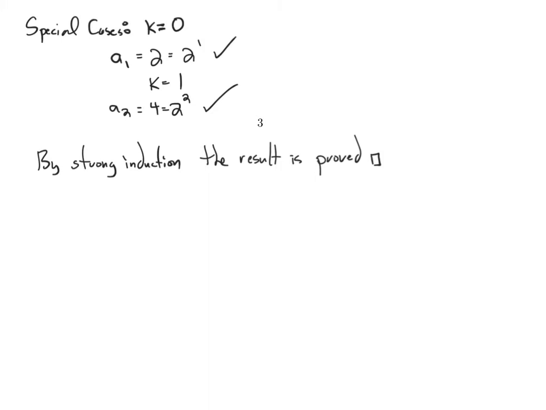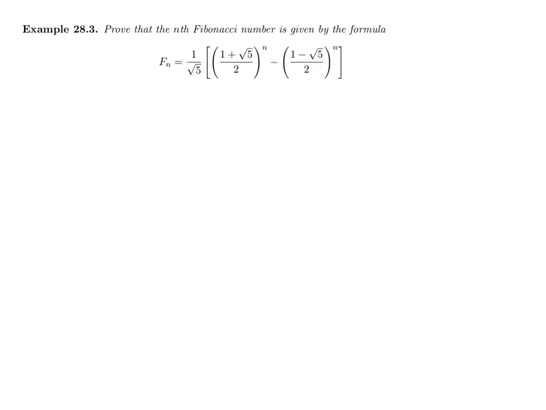Let's look at one more example. This one, on its face, looks a little more difficult, but not really. The algebra will be slightly harder, but not much harder. So let me remind you what the Fibonacci numbers are.